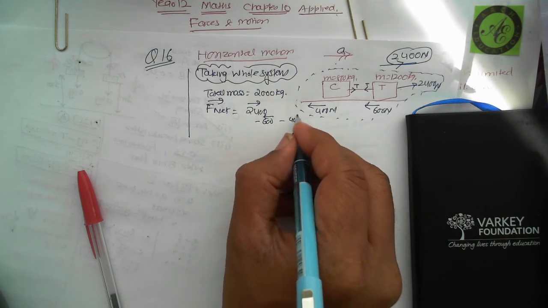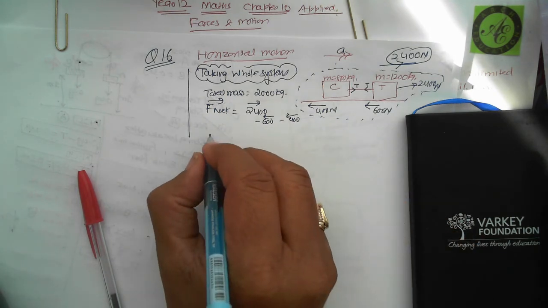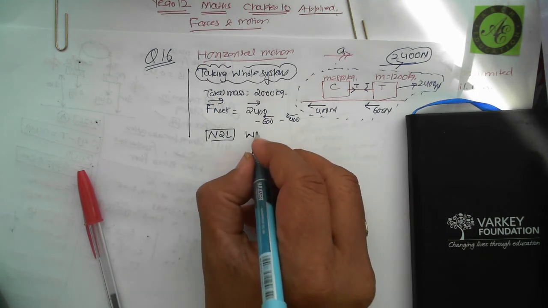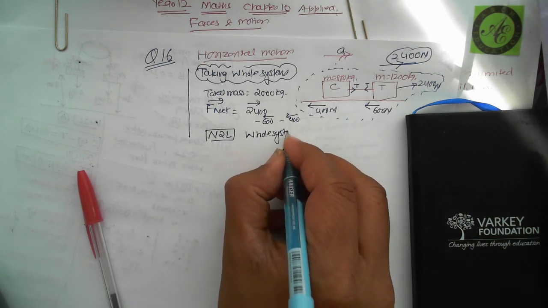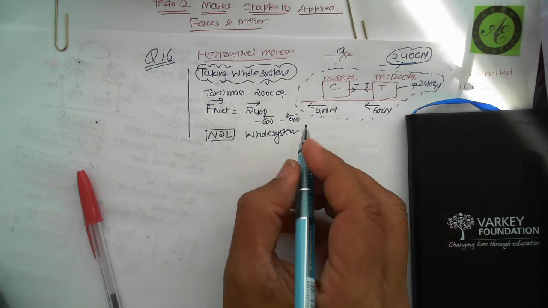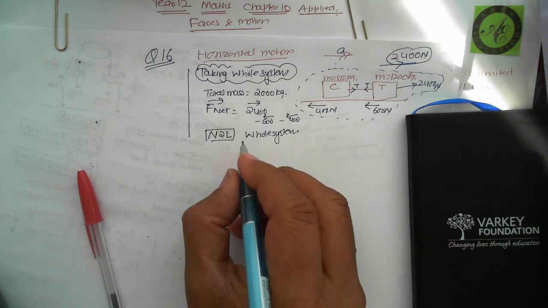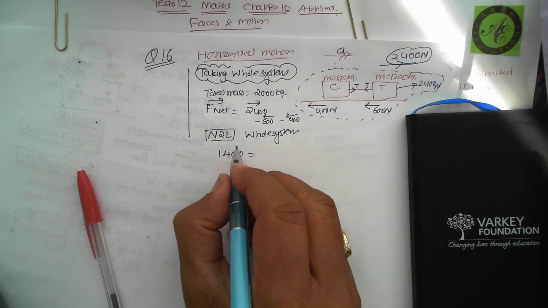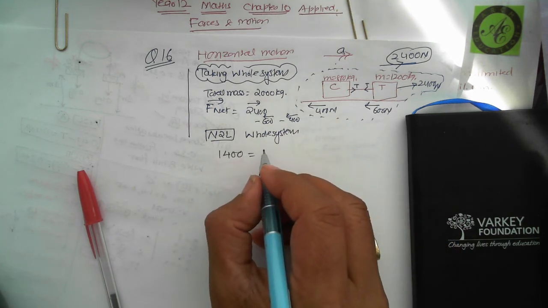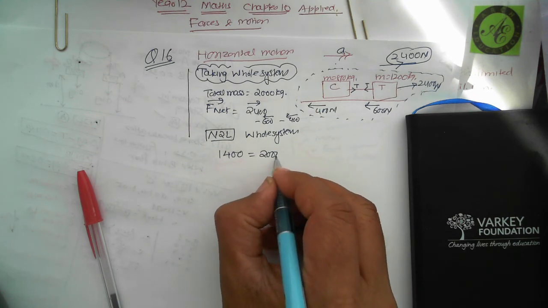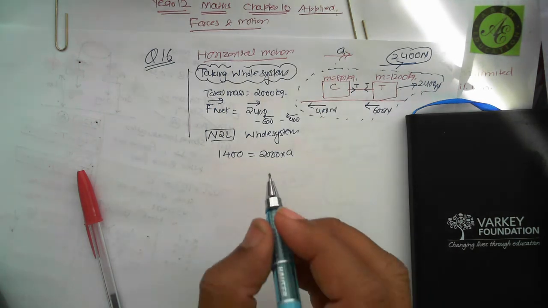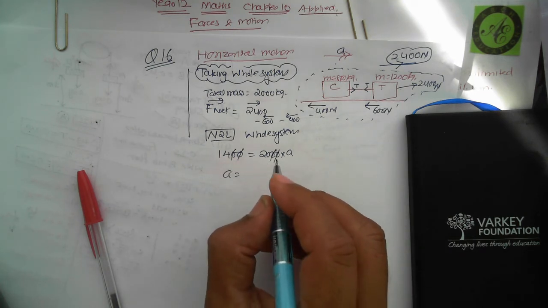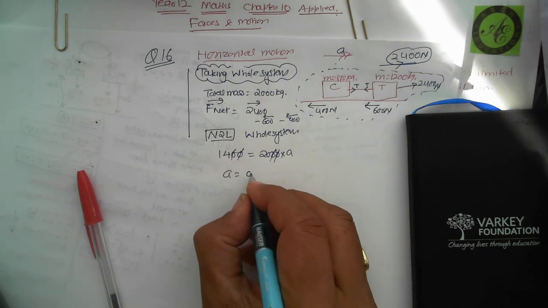So Newton's second law for the whole system: 2400 take away 1000 is 1400, equal to mass, which is 2000, times a. So we find a from here. I think it is 0.7 meters per second squared.